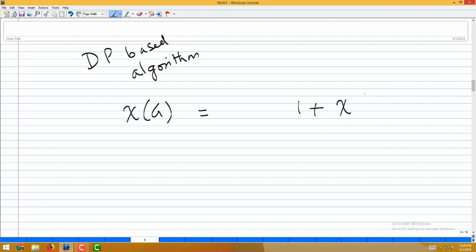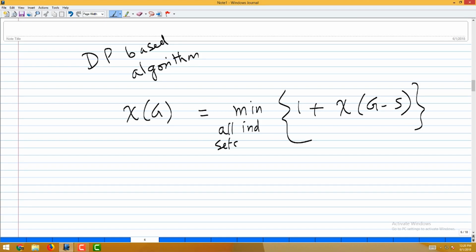Find the chromatic number of the remaining subset and run over all independent sets S of V. It could be as bad as 2 power n subsets, but that is okay.